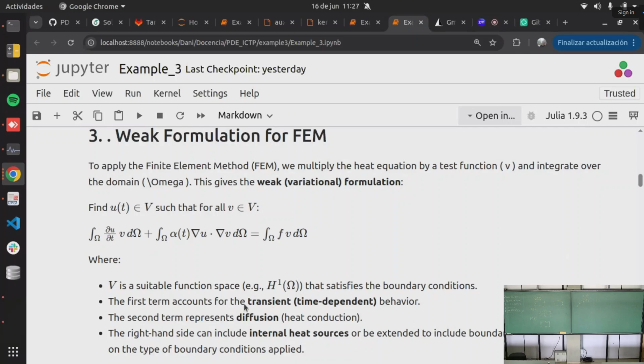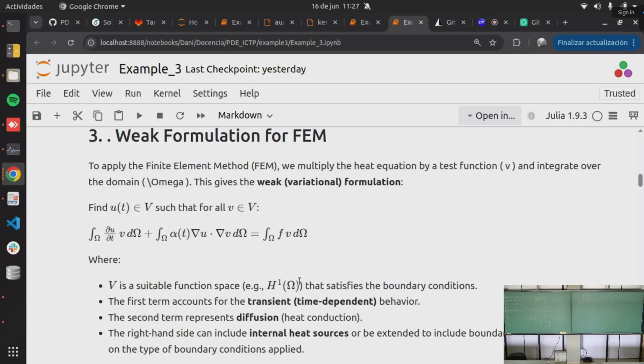The first term accounts for the transient behavior of the equation. It's our time-dependent part. The second term represents the diffusion, the heat conduction, and the right-hand term includes the internal heat sources.